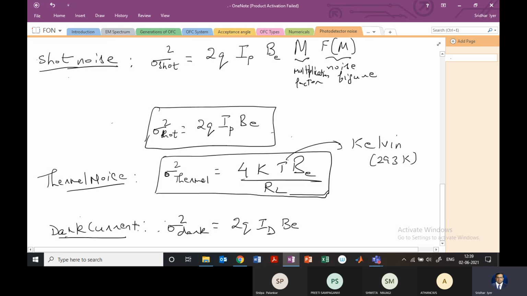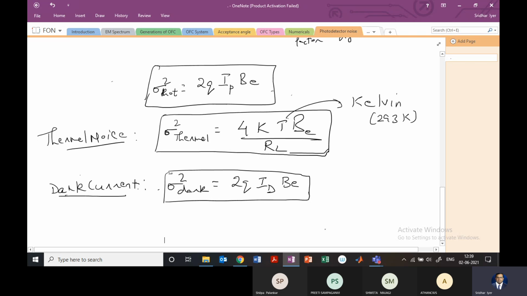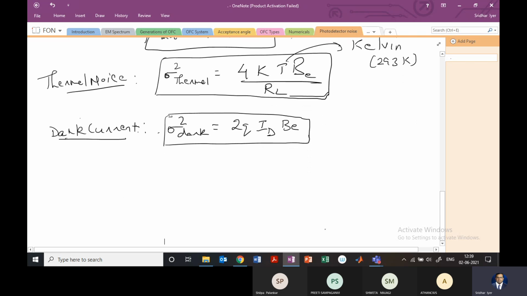You could also have the gain factor M and F(M), the noise factor. So that we'll have to see in the numericals. Usually the dark current and the surface leakage current noises are very negligible.